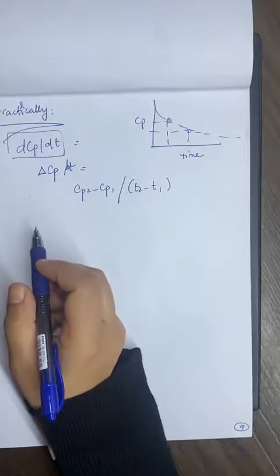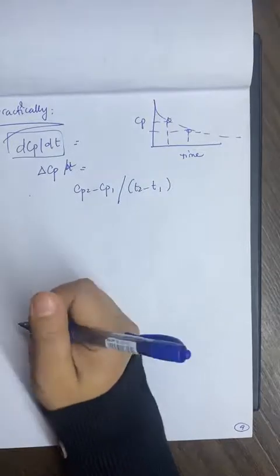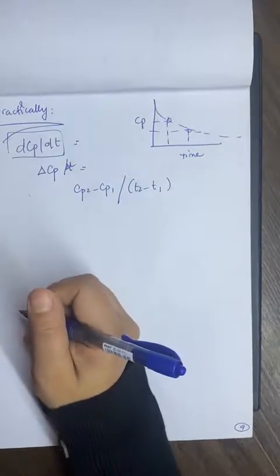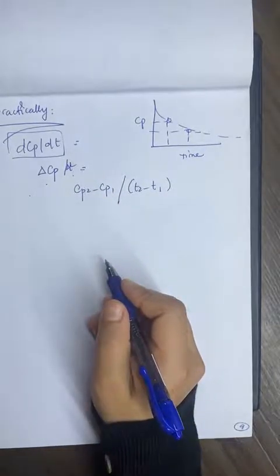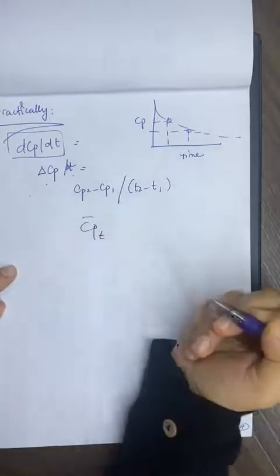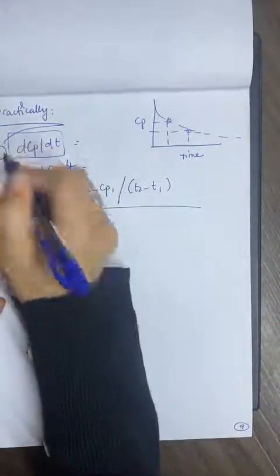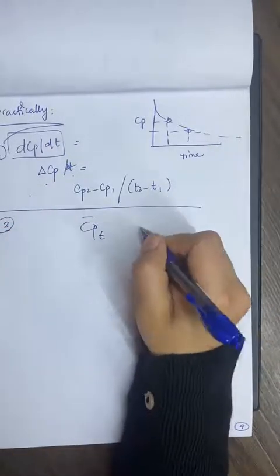So you will have the change in concentration versus time, as mass over volume versus time. This is the first thing that you will do. Then take the average concentration, or the mid-time concentration.